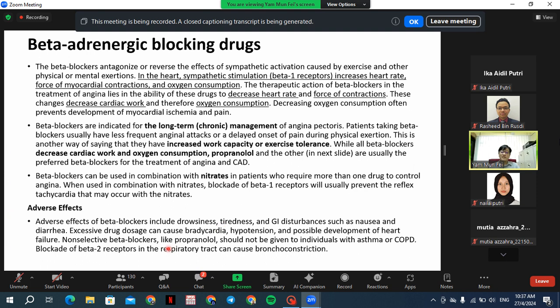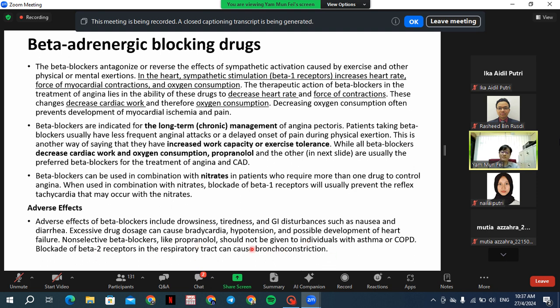If you use a beta blocker, you have to bear in mind whether it's selective or non-selective. If you tend to prescribe a non-selective beta blocker, bear in mind the patient is not a COPD or asthma patient. In COPD and asthma patients, it might cause bronchial constriction.